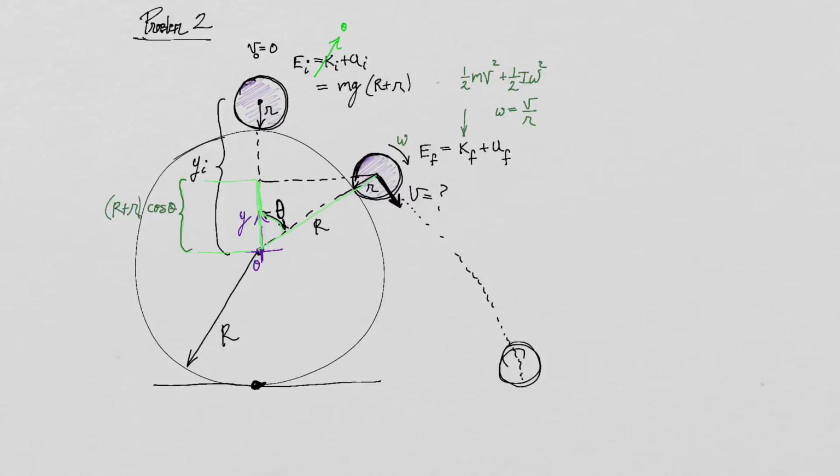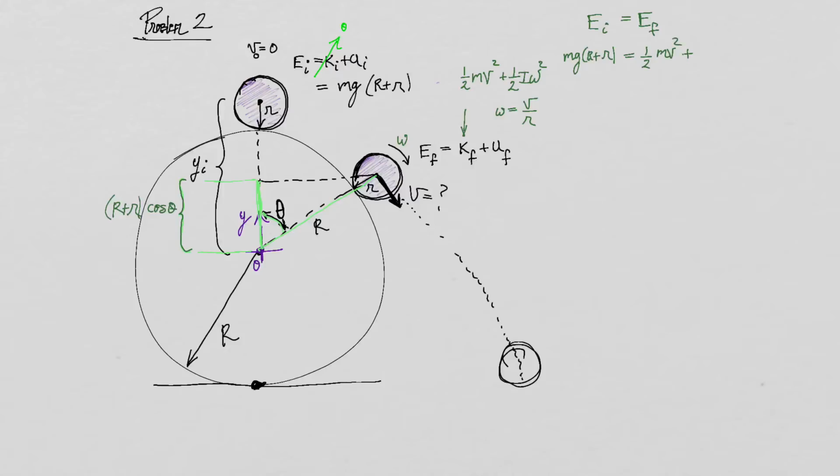Okay, so putting all of this together, equating the initial total mechanical energy to the final total mechanical energy, gives me the following equation: mg times big R plus little r equals 1/2 mv squared.